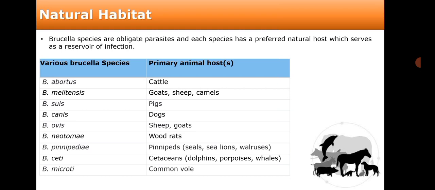Various Brucella species and their primary animal host include Brucella abortus that infects cattle, Brucella melitensis that infects mainly goat, sheep and camel, Brucella suis that infects mainly pigs, Brucella canis infecting dogs, Brucella ovis that infects sheep and goat, Brucella neotomae that infects wood rats, Brucella pinnipedialis that infects pinnipeds, Brucella ceti that infects cetaceans, Brucella microti that infects common vole.